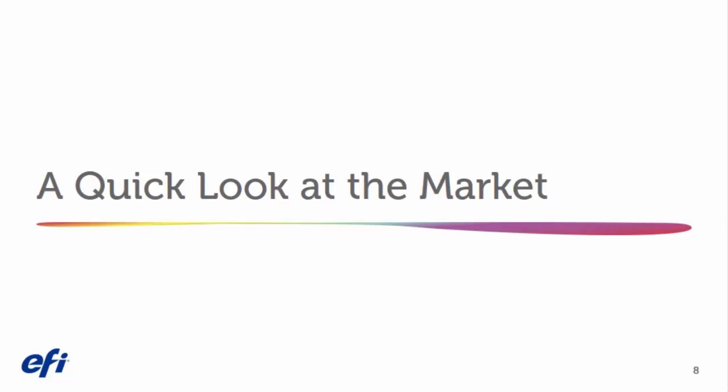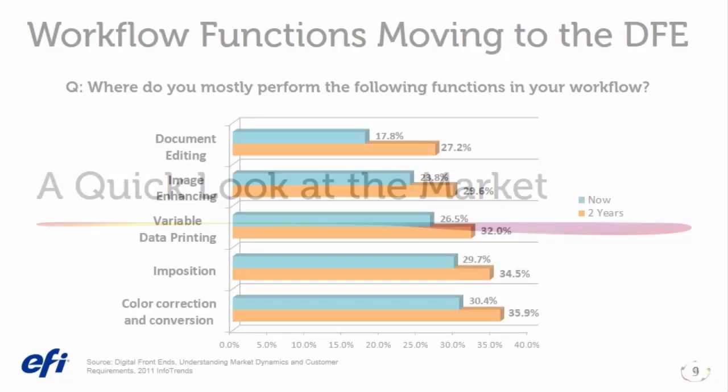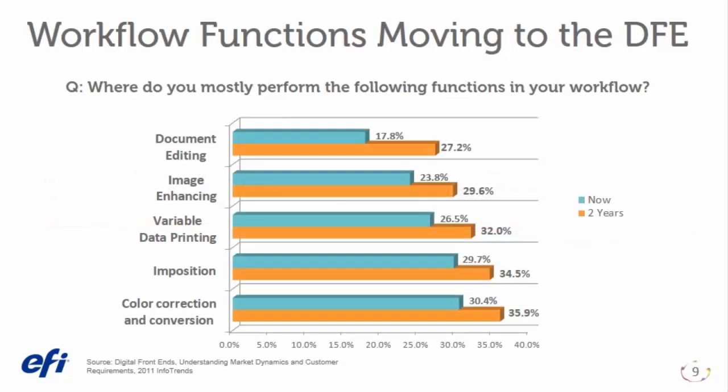While you are submitting your answers, let's take a look at information from a survey conducted by InfoTrends in the US. This survey was done 3 years ago, but it is still applicable to us in the US, and results can certainly be extrapolated to markets in Europe and Asia. In this survey, InfoTrends asked print providers, where do you mostly perform the following pre-press functions in your workflow?